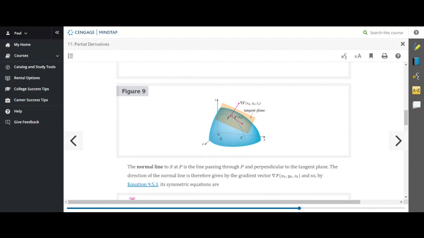The gradient vector of the function at that point is perpendicular to the tangent vector at that point P. That curve C passes through the point P, so at some time r of t sub 0 will equal point P, and so r prime of t sub 0 is that derivative vector.